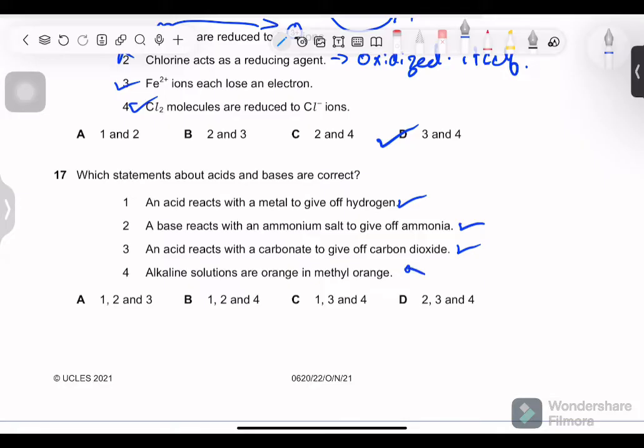This is incorrect. So 1, 2, and 3 are correct, so option A is correct. As for methyl orange, in the presence of an alkaline solution it is yellow, not orange.